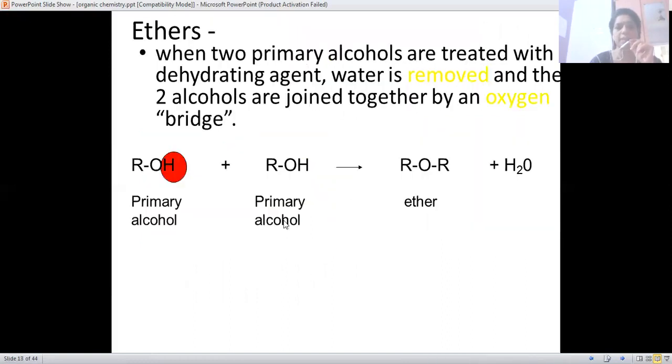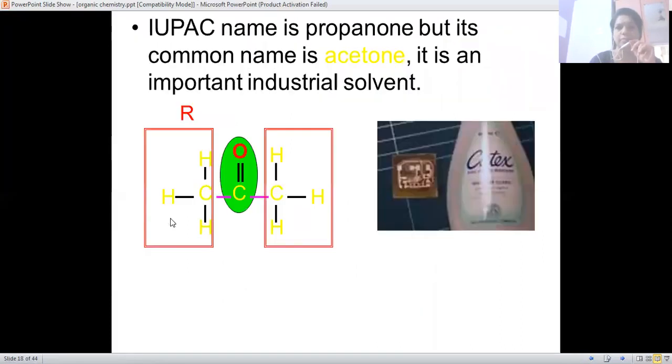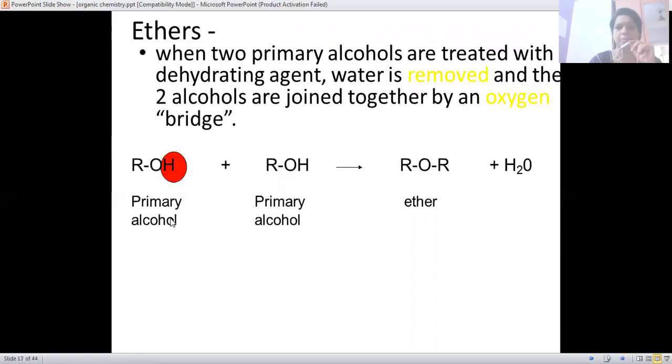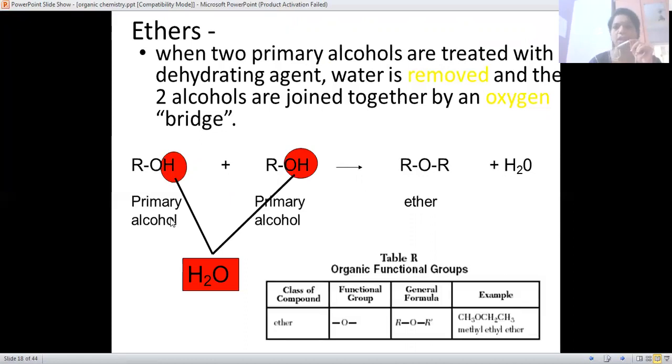Then the ether is similar. If you synthesize the ether with 2 primary alcohols attaching with each other, there are different attachments of R and R1. You will see the structure CH3, O, CH2, CH3. This is ethyl methyl ether, and the O is the ether linkage.